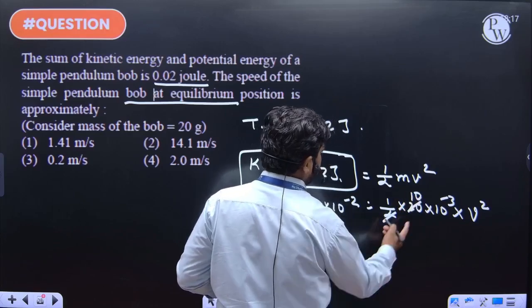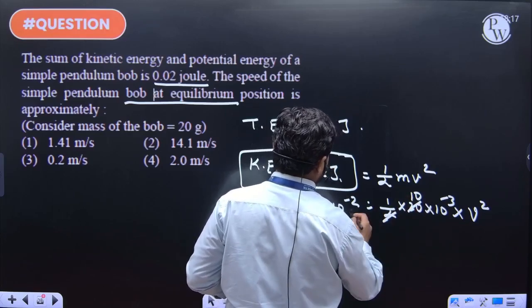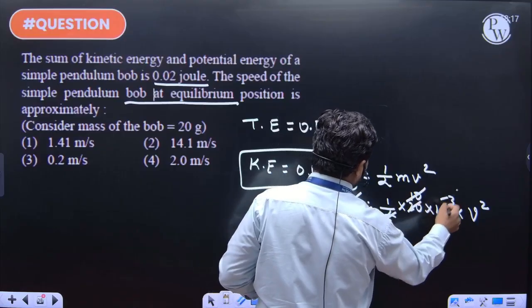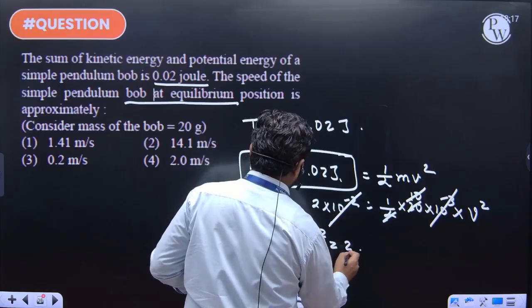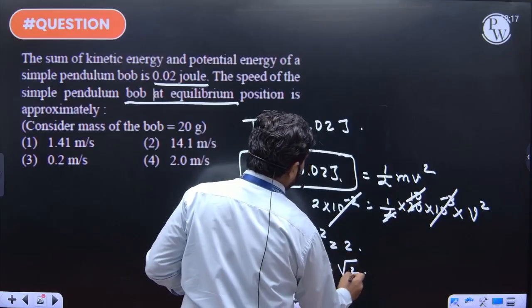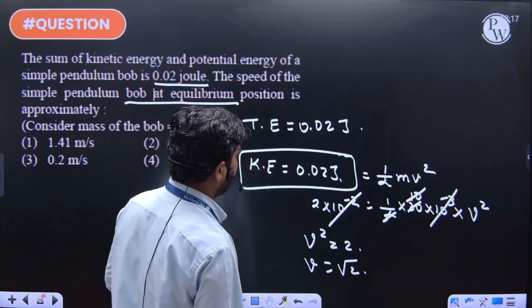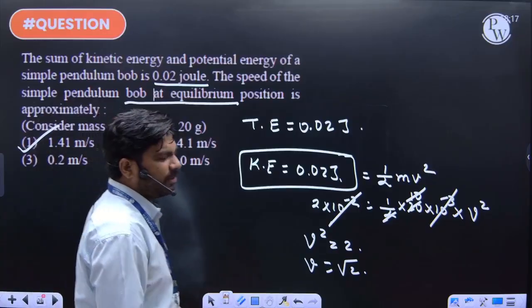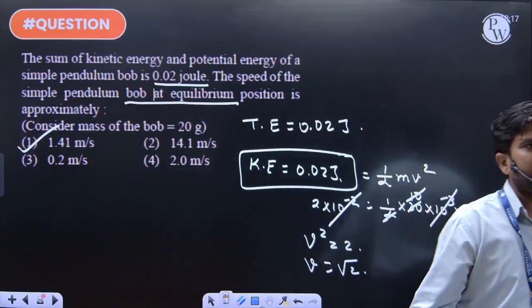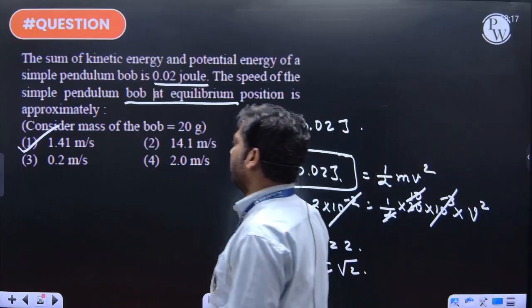So here 10 into 10 power minus 3. So 10 power minus 2 cancels. So v square is equal to 2. So v is equal to root 2, 1.41 meter per second. That's it. So it is an easy question. It can be done within a fraction of a second.